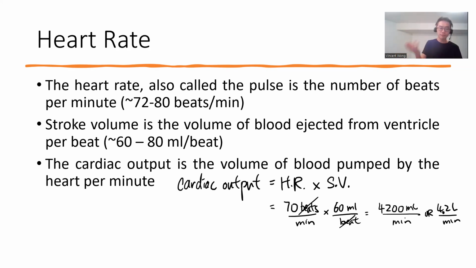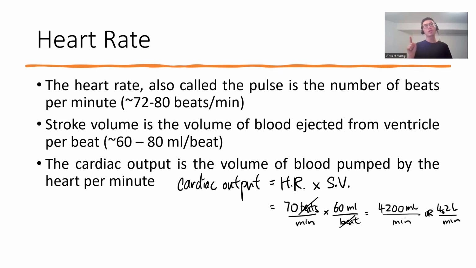We can use this information to assess various things about the person. Like, is the heart doing well after surgery, for example? Is the athlete increasing the blood circulation as he or she is doing more training? So various information we can get from this.